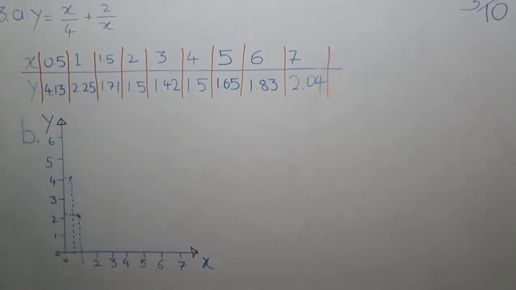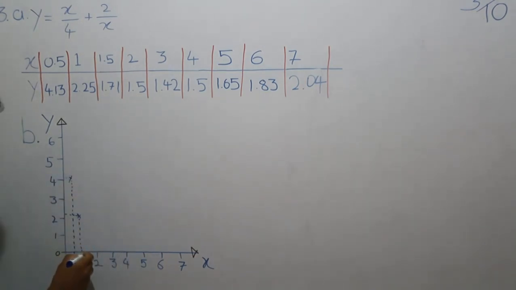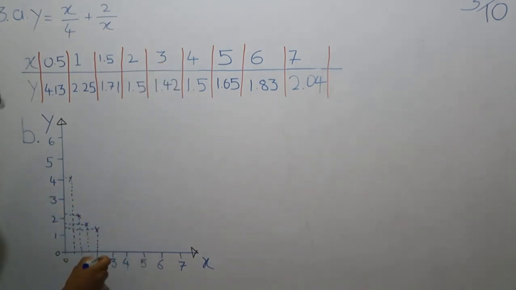Then for 1.5, 1.71. And then for 2, 1.5. And for 3 is 1.42, somewhere here.